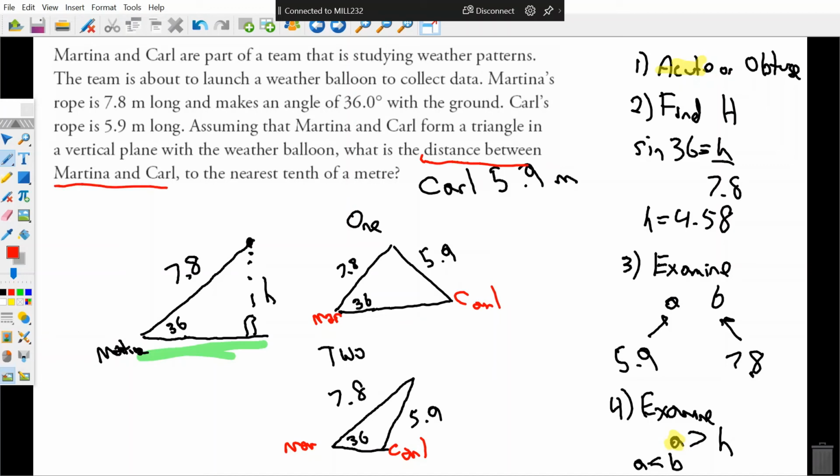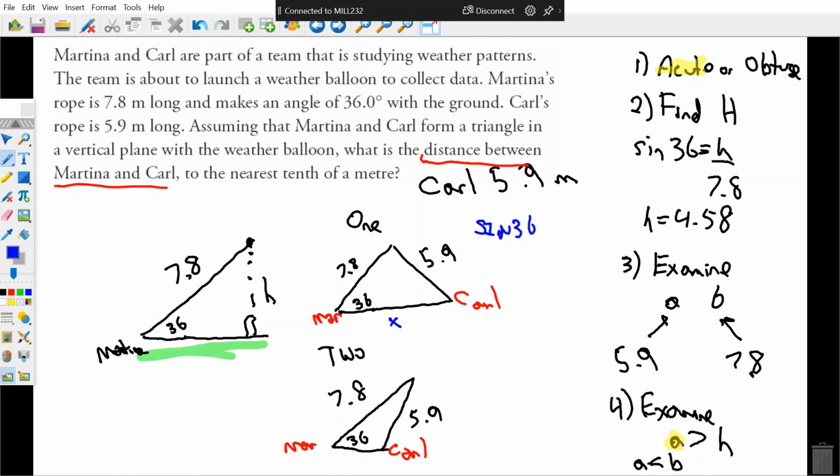Okay? So we'll deal with this top one first. I'll do this one in blue. It's a sine law question, right? Here's our angle side pair. So sine of 36. Oh no, sorry, that is right. Sine of 36, because eventually we want to find this distance, but we don't have enough to do that just yet.